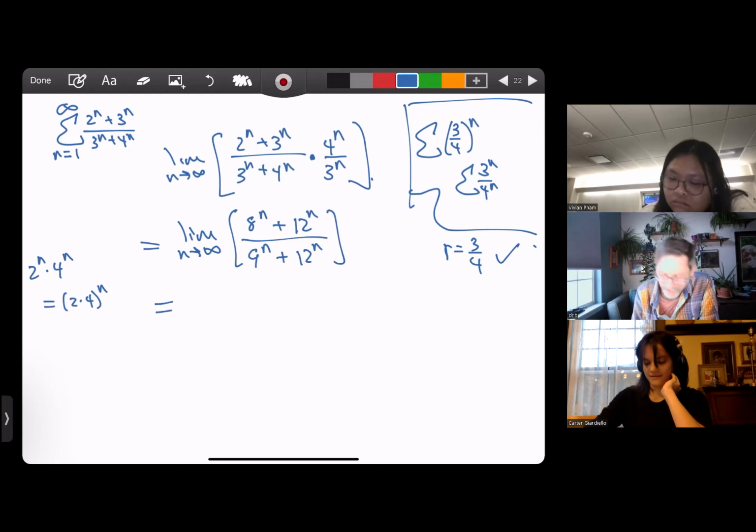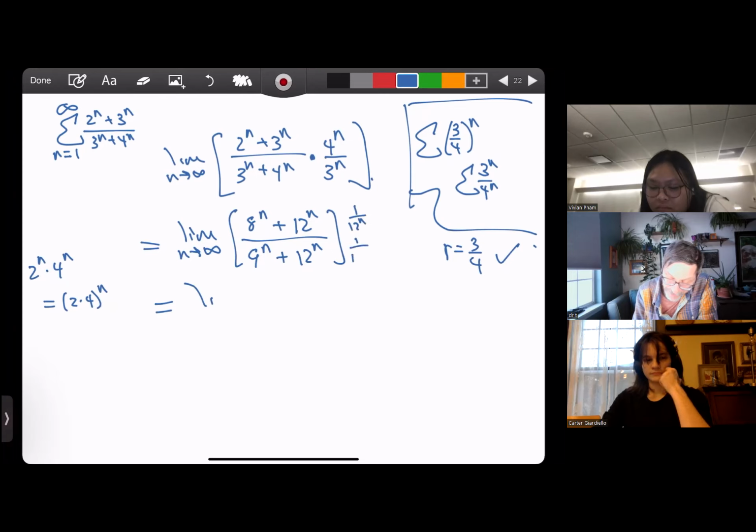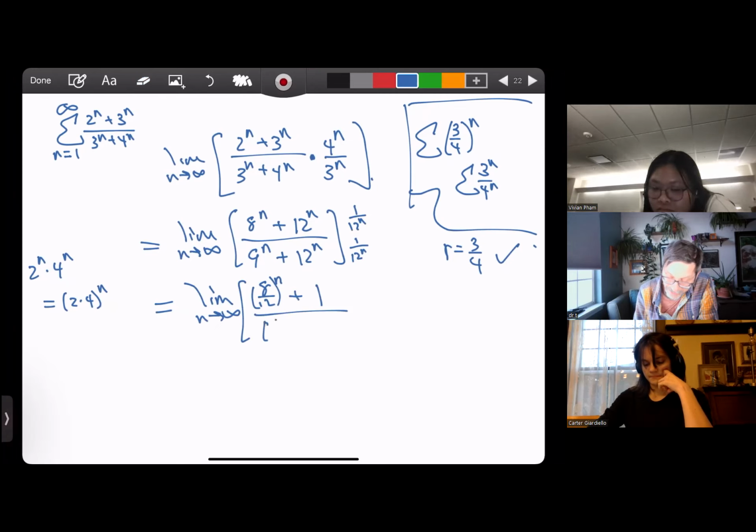Now that limit is funky. We never do anything like that. I'm going to divide the top and the bottom by 12 to the n. So I multiply the top by 1 over 12 to the n and the bottom by 1 over 12 to the n. And what I get is (8/12) to the n plus 1 over (9/12) to the n plus 1.